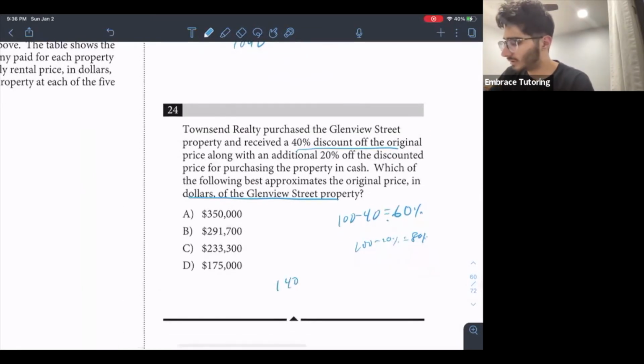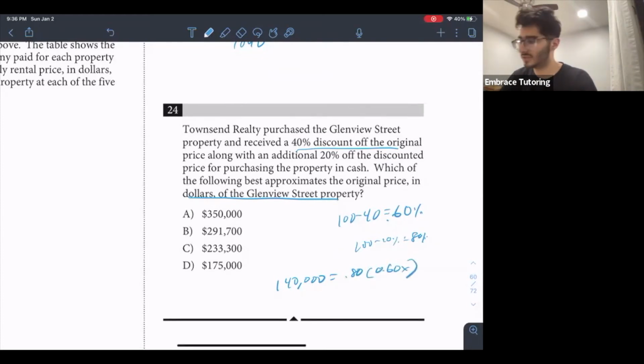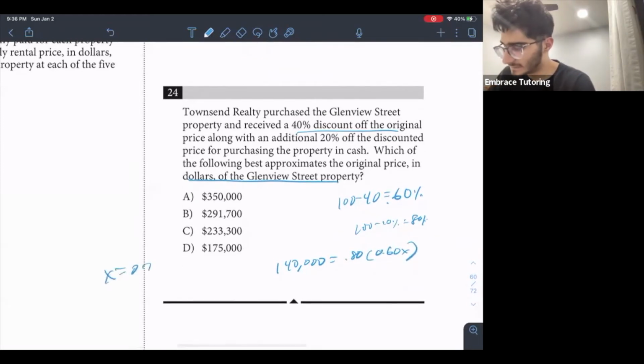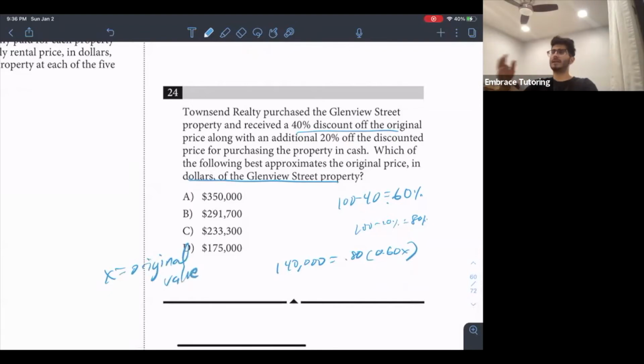So it's equal to 140,000, and then you get 0.80 times 0.60x, because x would be the original value. 60% is what you're paying because it's a 40% discount, and then you get 0.80 because that's the 20% also discounted.